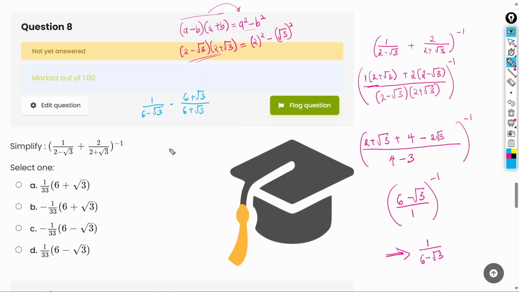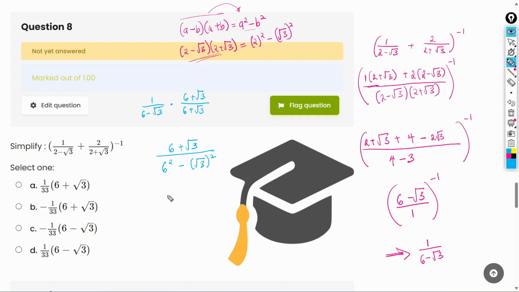The top will just give me 6 plus root 3, but the bottom would be a difference of two squares, the same exact idea. Because this is a minus b times a plus b, which gives a squared minus b squared, this would just be 6 squared minus square root of 3 squared.